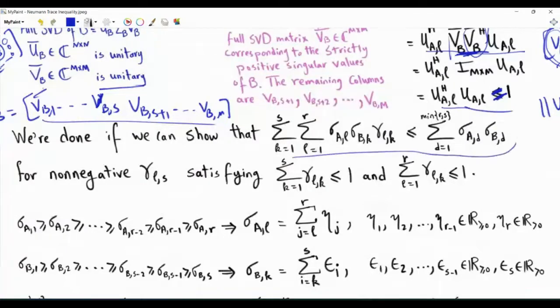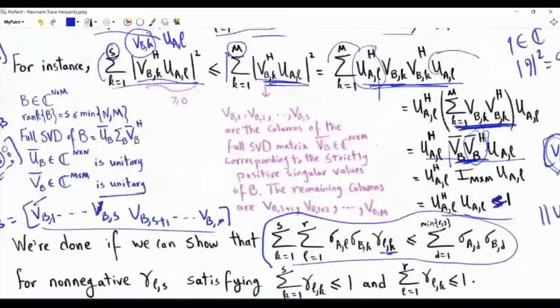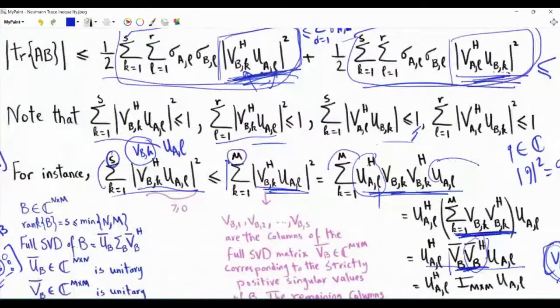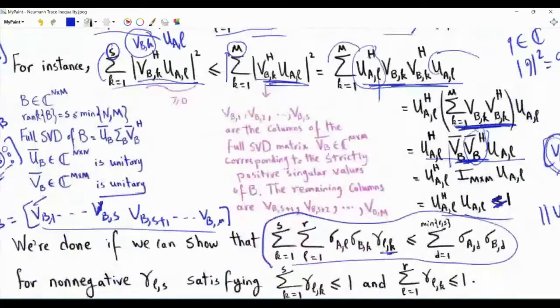Can we prove this inequality, that this single sum is superior to this double sum, summation k from 1 to s, summation l from 1 to r, sigma_A_l, sigma_B_k, gamma_lk? So gamma_lk is playing the role of this or of that. It won't matter.